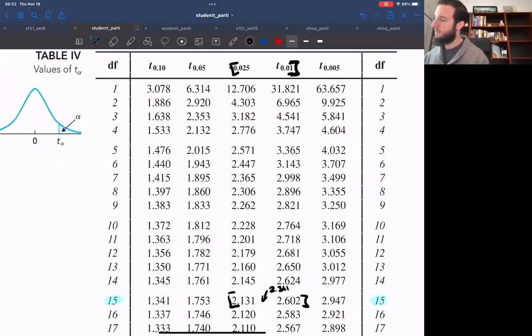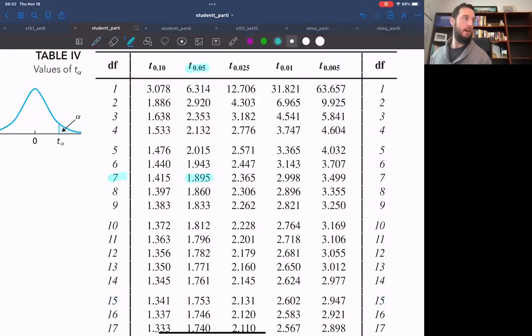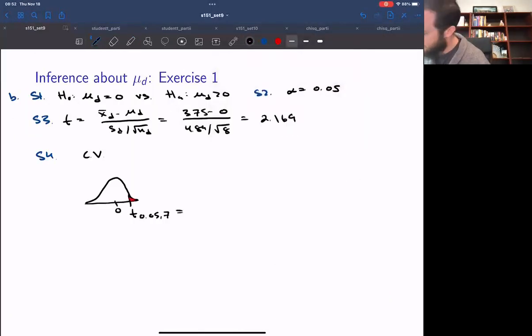If we go to our t table, we're matching 0.05 to 7, and that gives us 1.895. So we can see that in this case, the test statistic is clearly inside the rejection region, so we'll be able to reject based off of that approach.